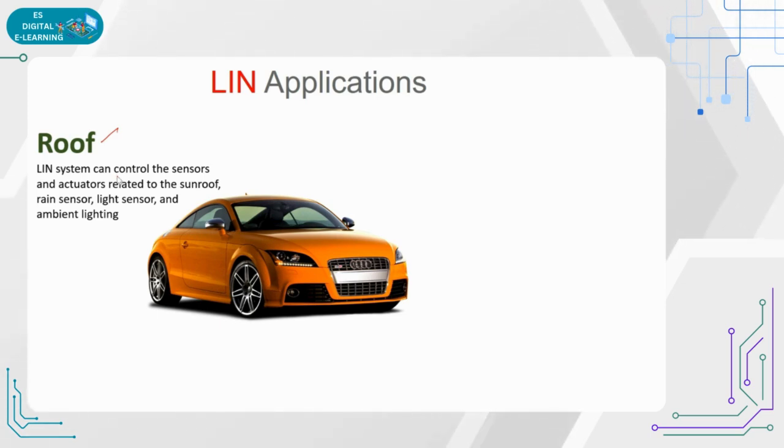Only closing and opening is not considered; it also has rain detection, because you have a sunroof and the transparent glass will be there. Some cars have a glass sunroof, and some close fully with metal.